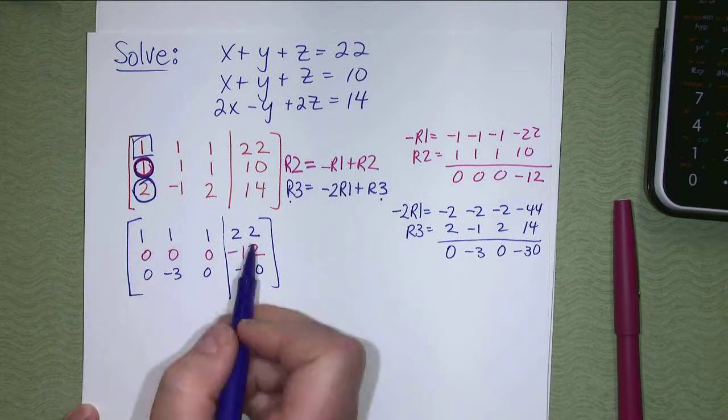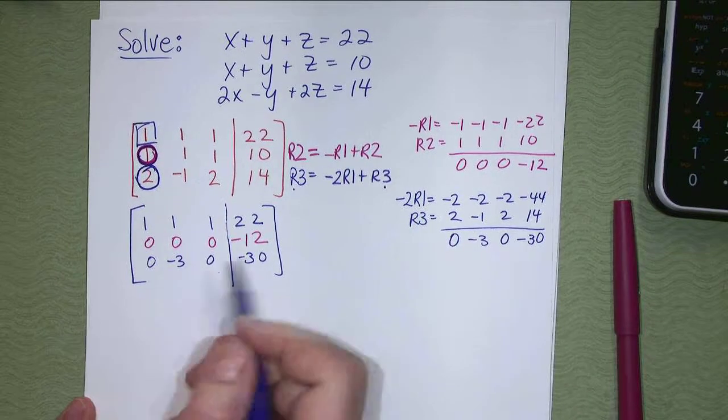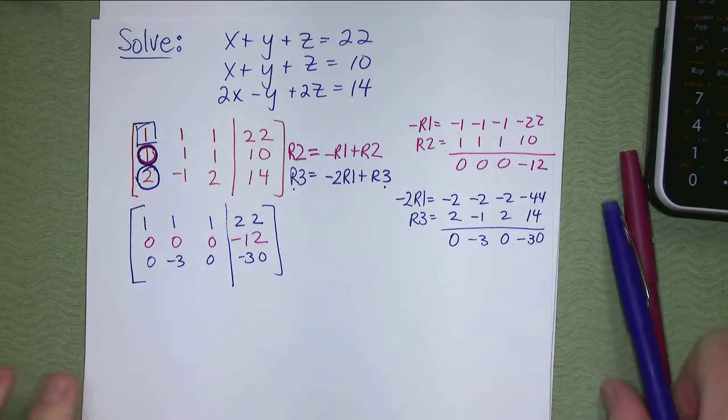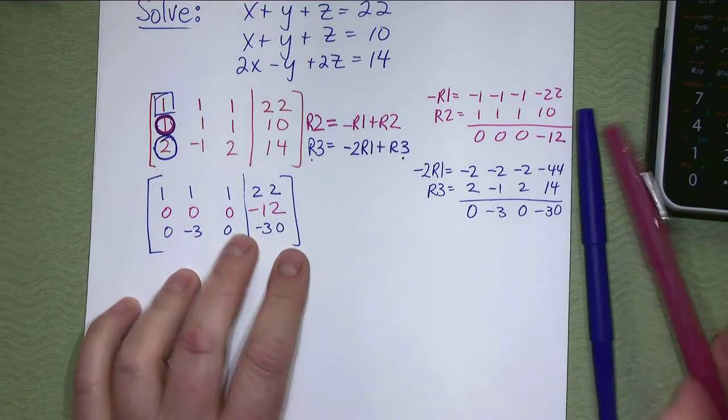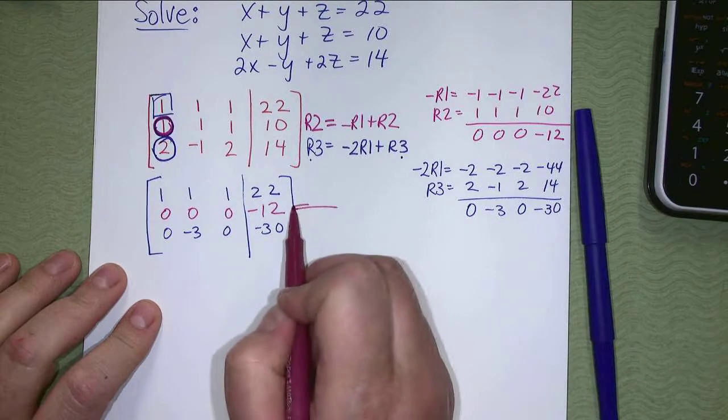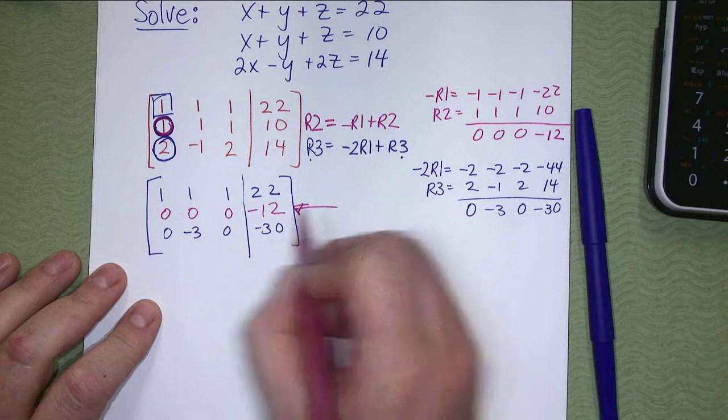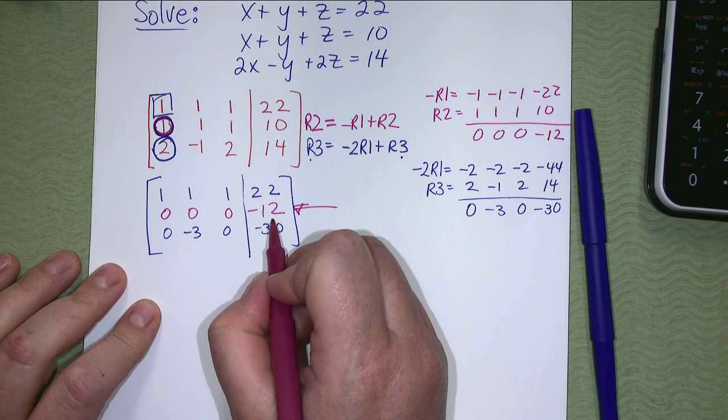Okay. So there's something in here right now where we would stop. You would never go on at this point. So what is it that we see that shows that there's no solution? Right here, we've got 0, 0, 0 equals negative 12. This says 0 equals negative 12.